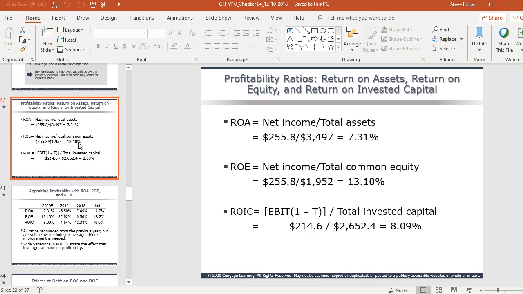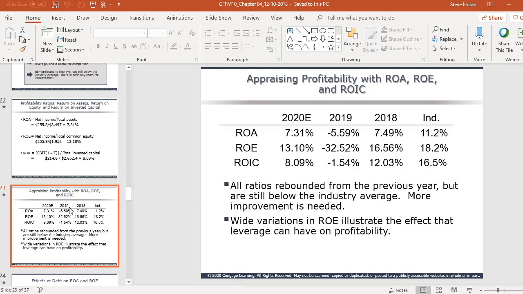So net income to total assets, return on assets; ROE, net income to total equity, 13%; and then ROIC is return on invested capital, and it's your EBIT times 1 minus T, with T being taxes, and then your invested capital is all of your equity and all of your debt together. So equity plus debt equals your invested capital. And then you can see here the trends for those 3 ratios.